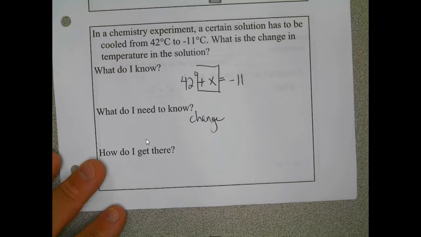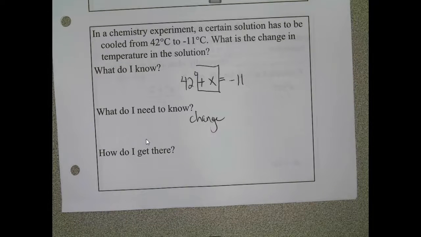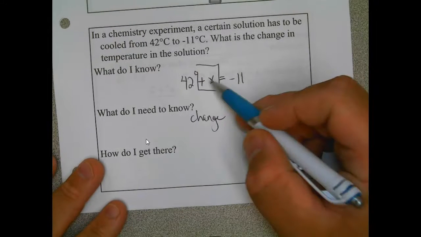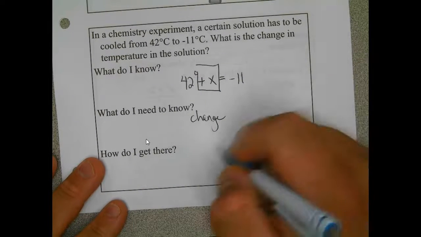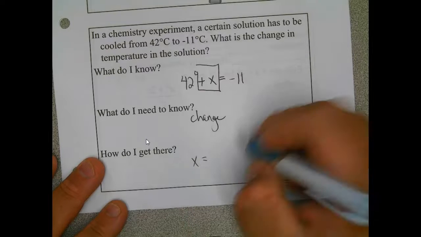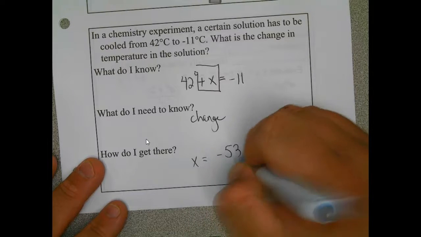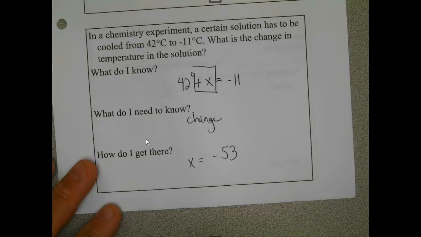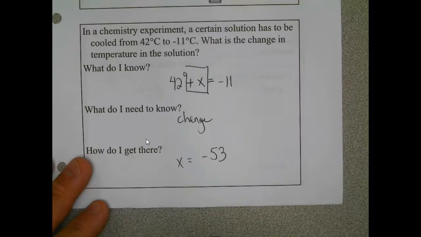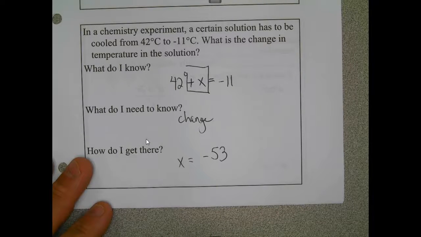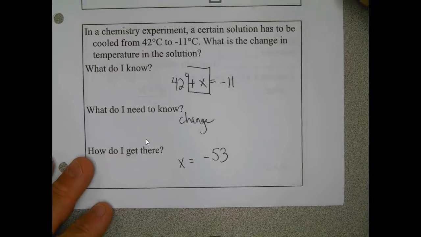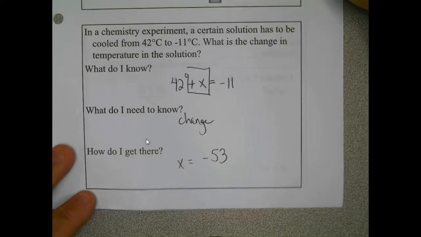So how we get there is we either are going to have to do subtraction or some sort of solving. And so, if we were to solve this equation, we subtract 42, and so the change is a negative 53 degree change, okay? And so, that's just the earliest introduction to solving equations that you had at various points throughout late elementary and middle school.